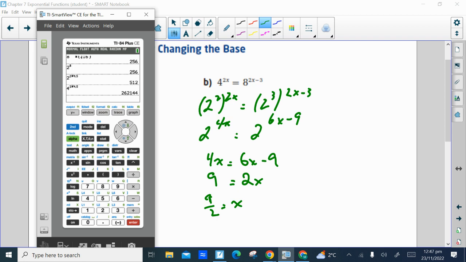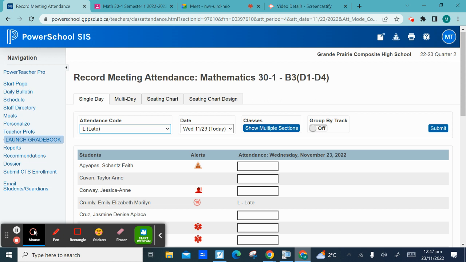A large number, 262,144. So we should get the same answer on the right side. 8 to the power 2 times 4.5 take away 3. Exactly the same number. So that just shows that our answer is correct.